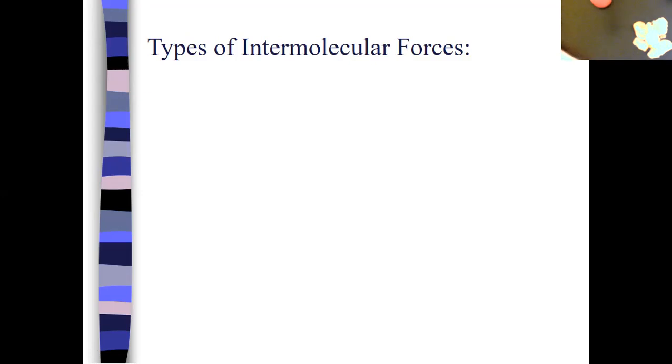Some books, some authors would not include that as an IMF, an intermolecular force. Others do. So we'll put it in there. Its name is kind of self-explanatory, isn't it? If you have two cations, there will be a force of repulsion between them, right?